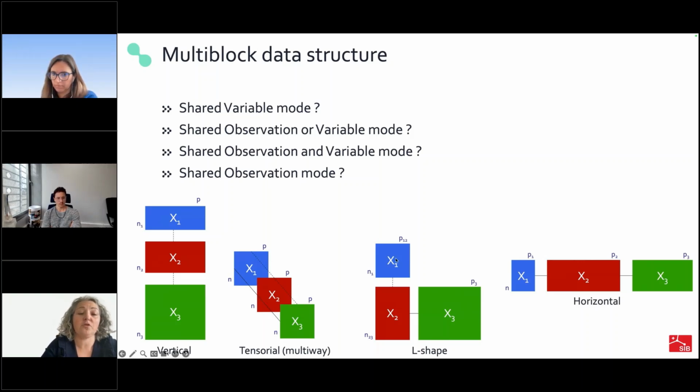You can also have L shapes like that, which are more difficult to address. And here we will focus on this horizontal data fusion, with the same samples in the different data tables and different blocks of variables.